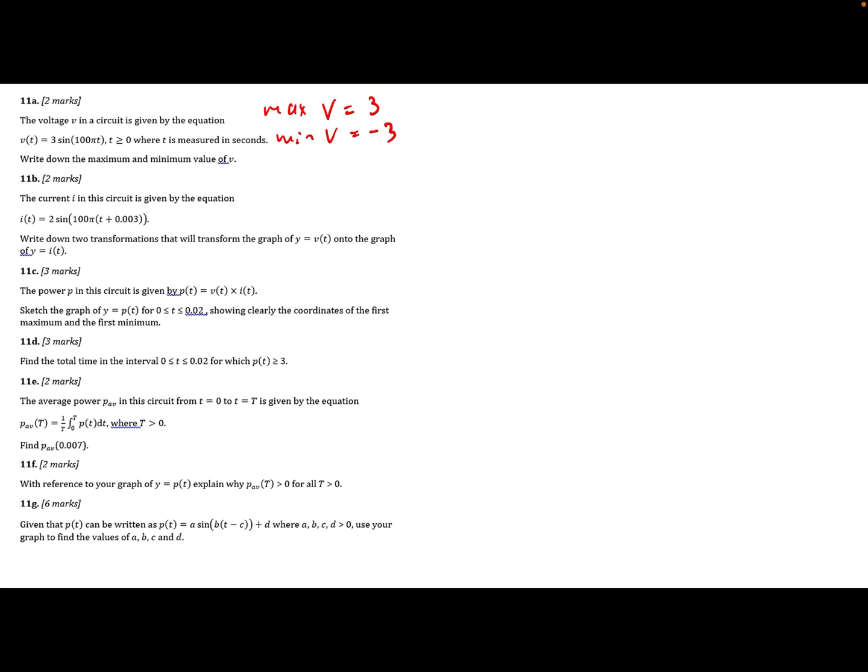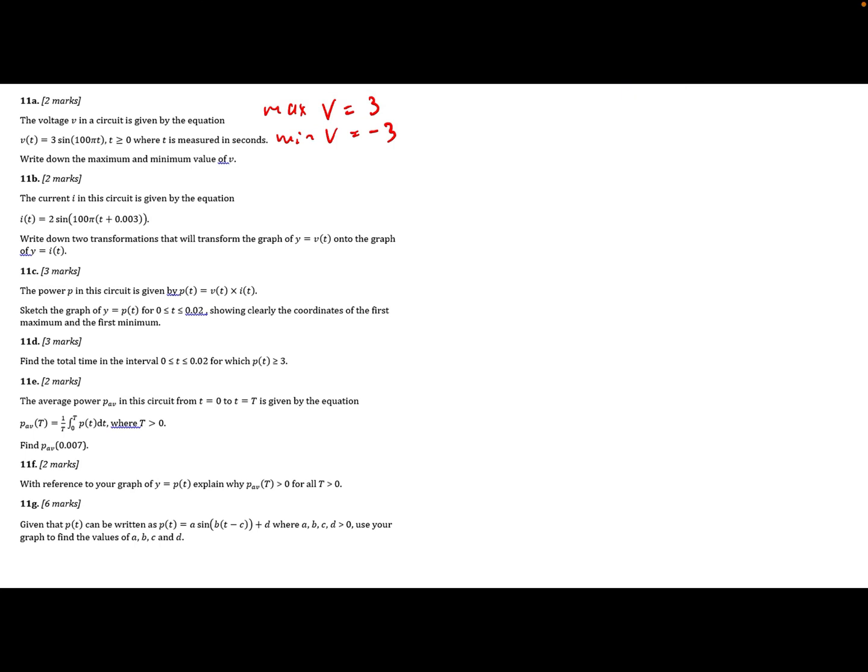Okay, 11B was actually answered quite well by everybody. I think Mazin, you lost a point for getting something basic. But we've asked for the transformation of V onto I, not I onto V, so we're going to be clear about that. So how do we have to change V to get onto I? Well, first things first, you're going to multiply it by 2/3.